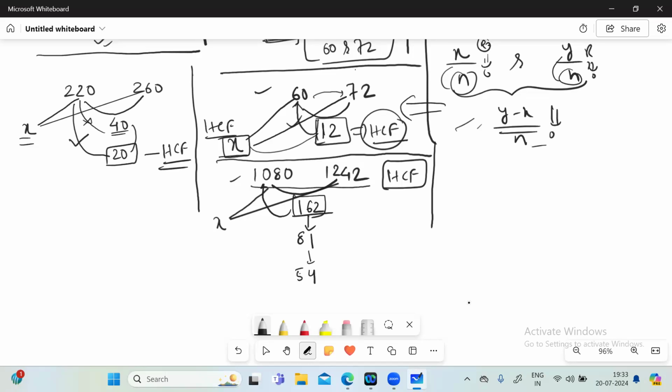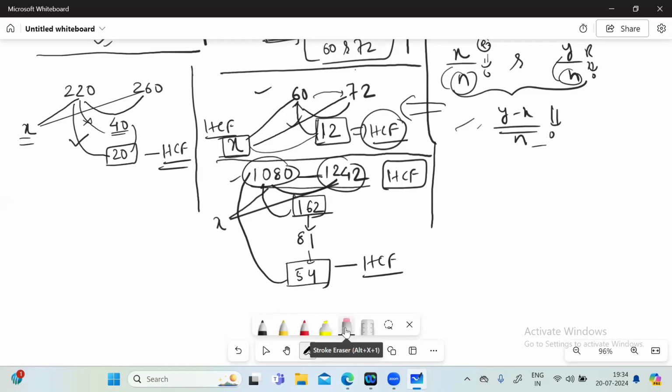Now I can see that probably 54 divides 1080. 54 divides 1080. So now 54 is the HCF of these two numbers. So in such cases where numbers are big but their difference is small, finding HCF becomes easy.